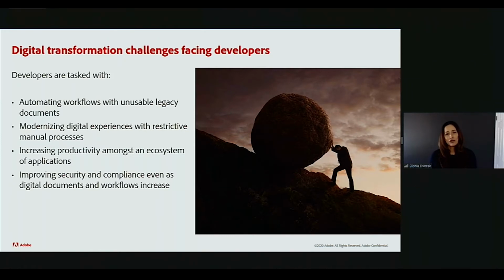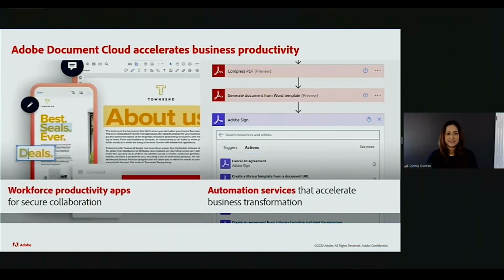And then, of course, all the while improving security and compliance through all of these different productivity workflows that you're trying to build and applications that you're trying to build, that were due yesterday, basically, right? And so those are a lot of the different challenges that you as developers or application owners might face.